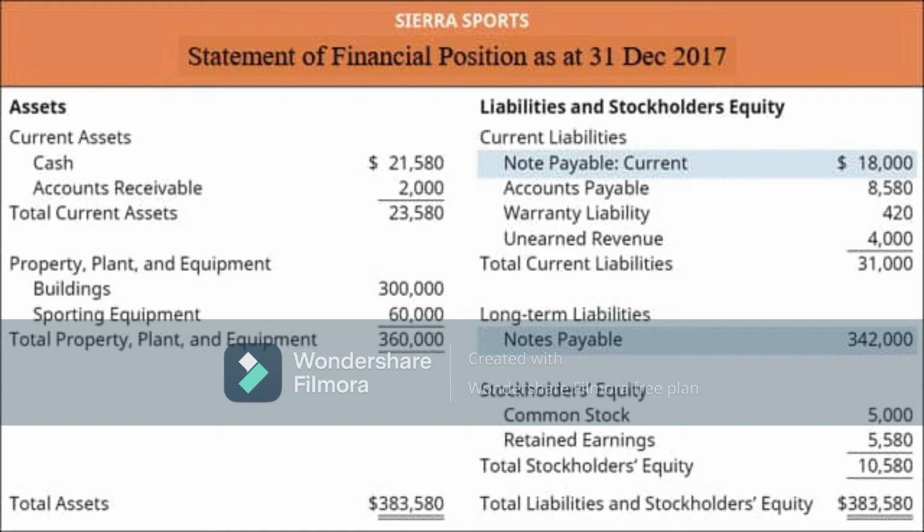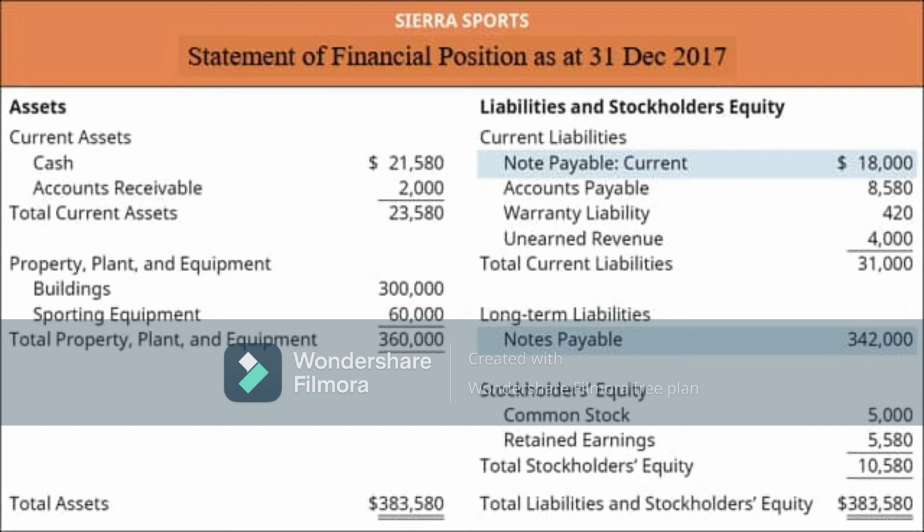We plus the buildings and sport equipment, and we get the total property, plant, and equipment. After that, we plus the total property, plant, and equipment with the total current assets, and we get the total assets. And on the other side, we have the liabilities.